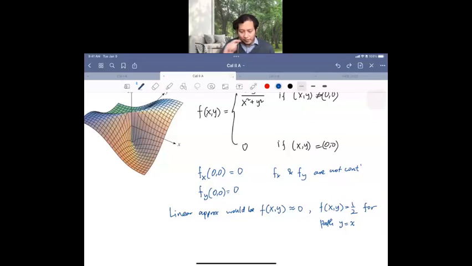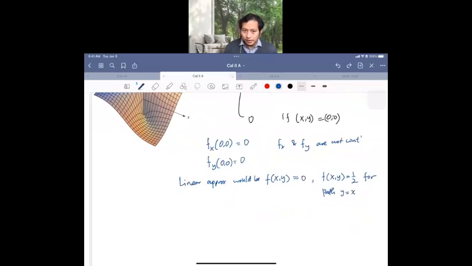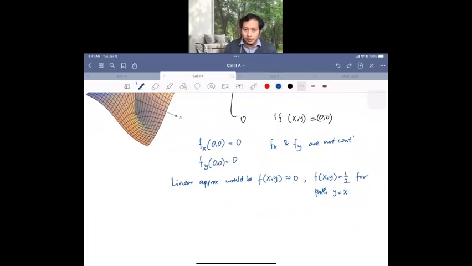So in fact, this function of two variables f(x, y) can behave badly even though the partial derivatives exist. Now we can rule this out with the idea of a differentiable function of two variables.